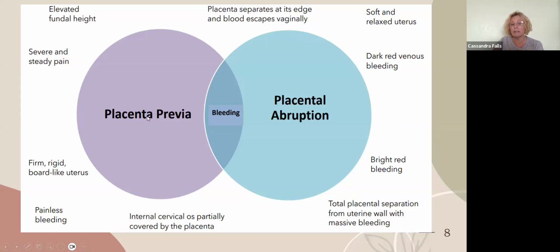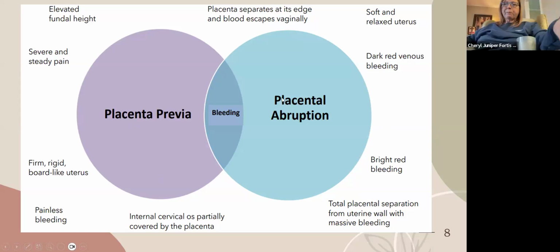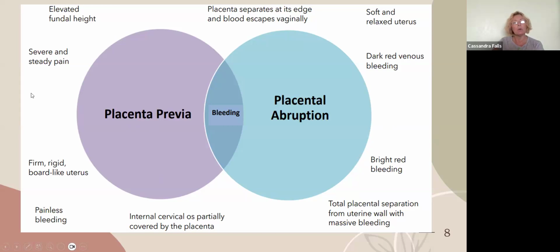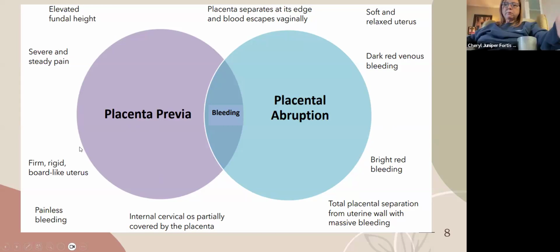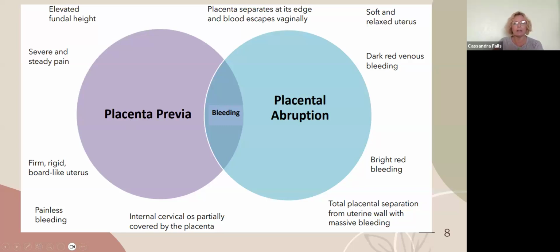So bright red bleeding is with placenta previa. Do you think you would see elevated fundal height with placenta previa? No. Nope, you're right. That goes with placental abruption. What about severe and steady pain? No. Nope, you're right. It's painless bleeding with placenta previa.